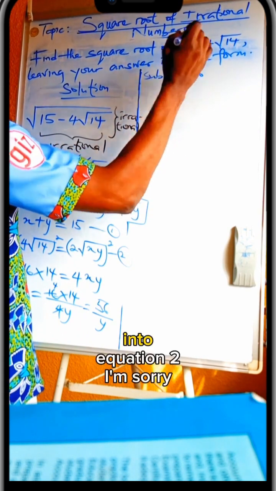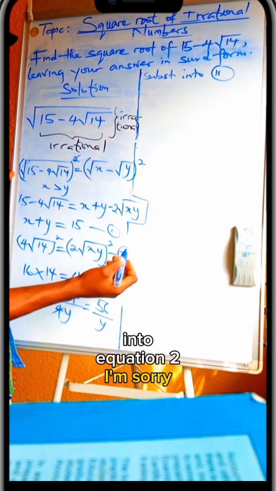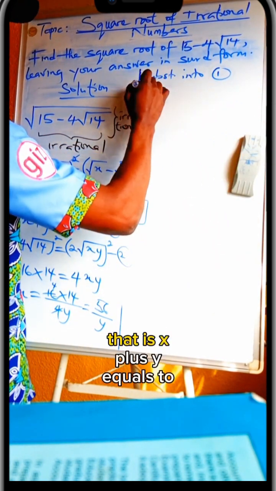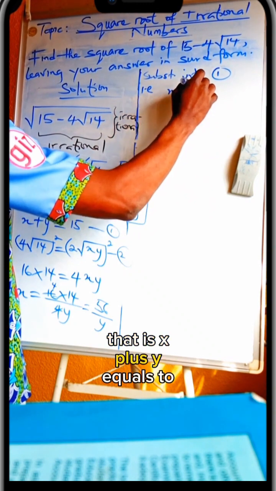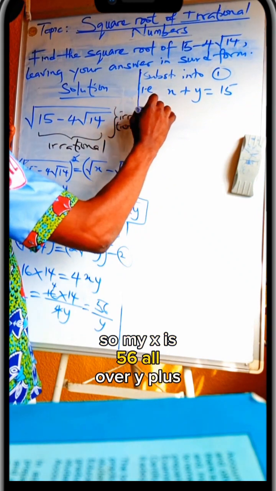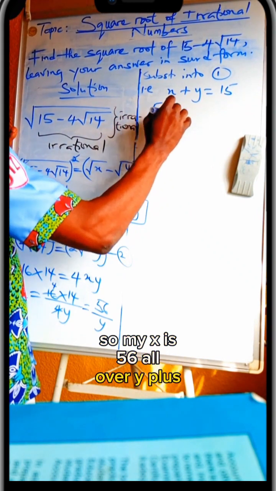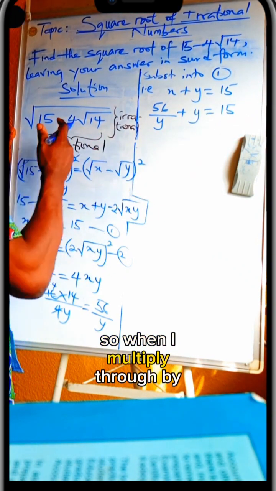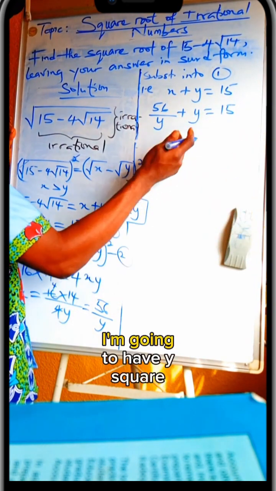So I can substitute that into equation 1. That is x plus y equals 15. So my x is 56 all over y plus y equals 15. So when I multiply through by y, I'm going to have y squared.